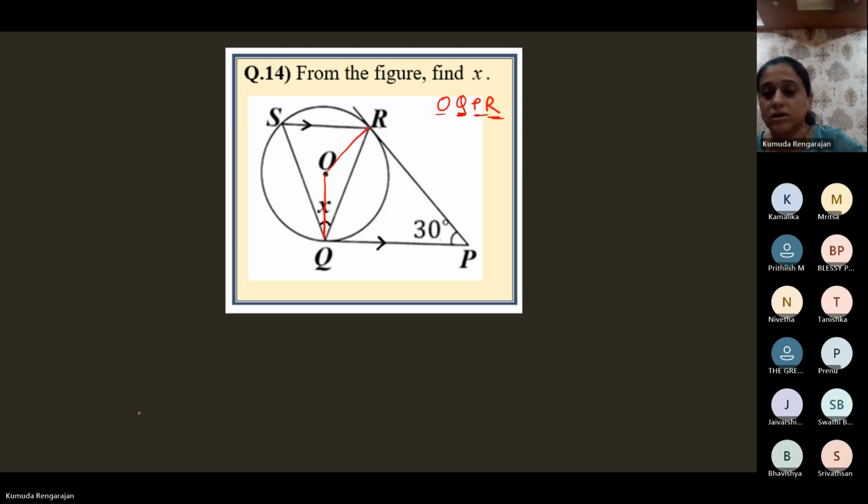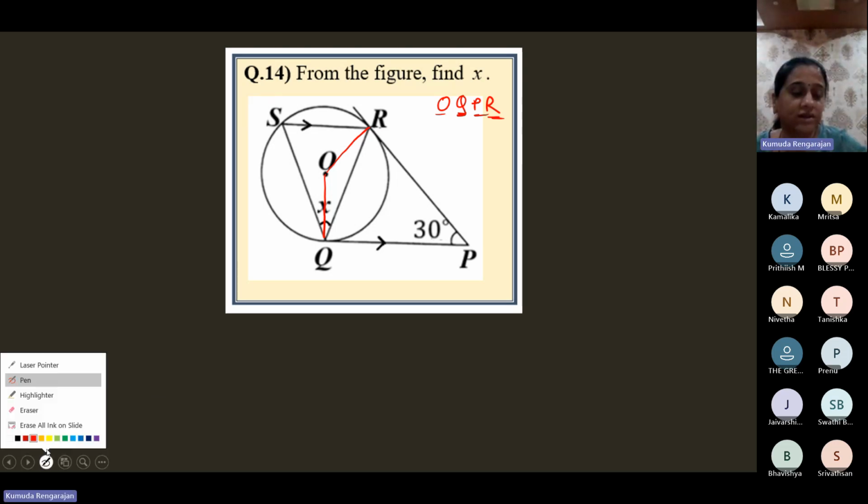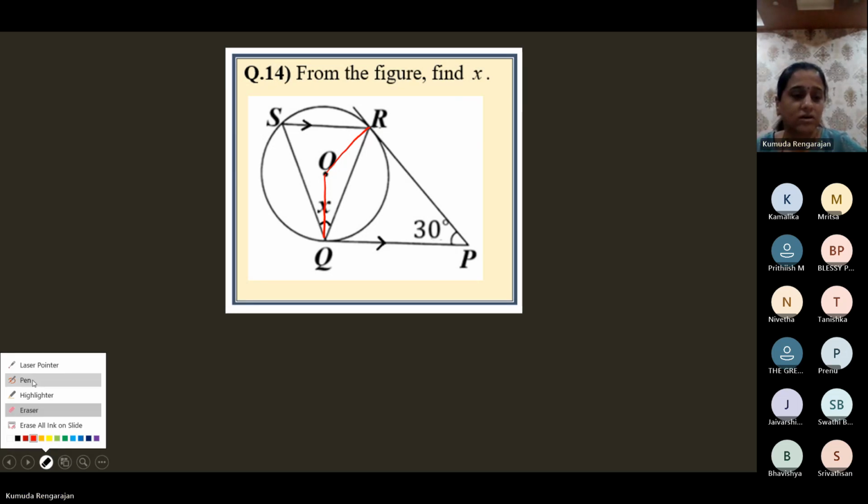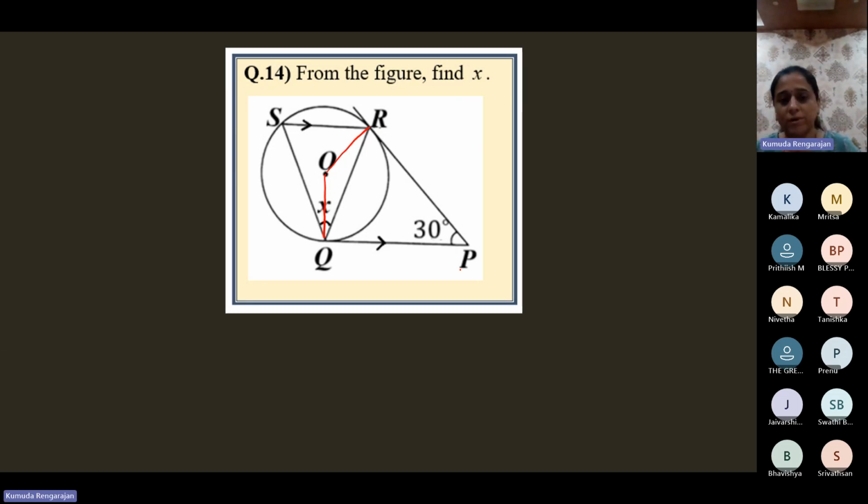Now, in your NCERT book, exercise 10.2, we have seen that the quadrilateral formed by the tangents from an external point of the circle and the line segments connecting the points of contact to the center is a cyclic quadrilateral.